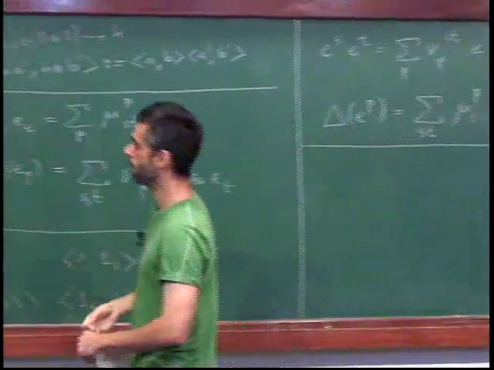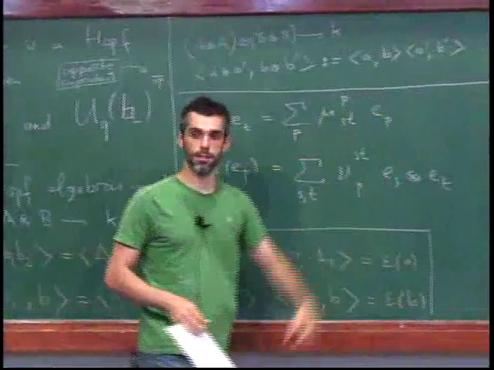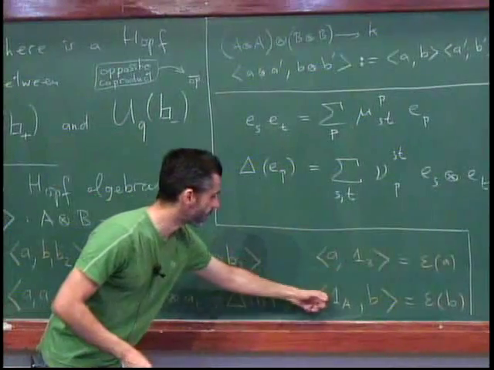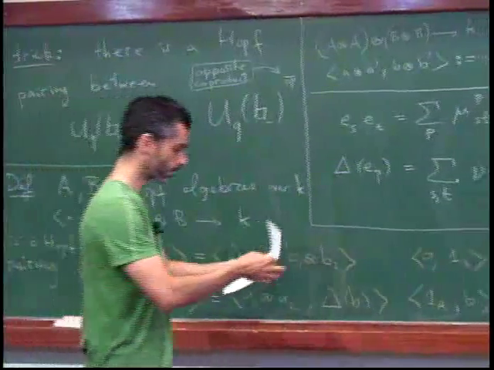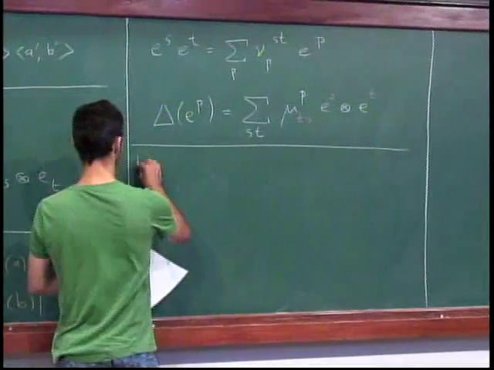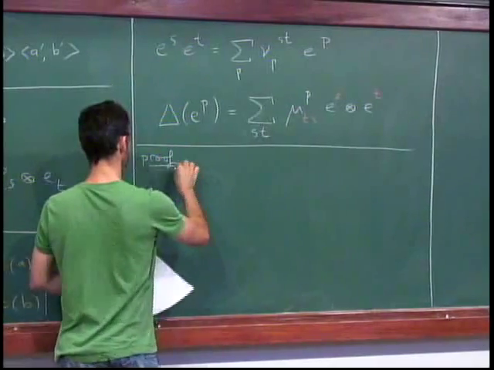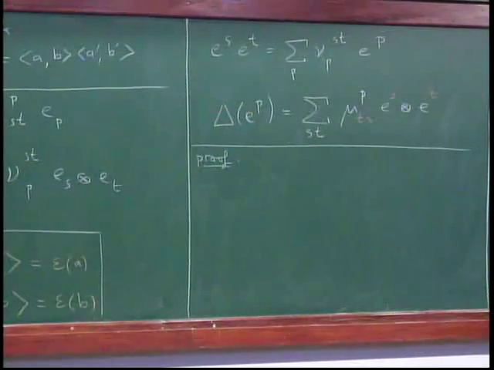So that's what we have. We have two bases satisfying these four relations, and also these relations here that are somehow less important for this computation. So now I can give a formal proof of that proposition.